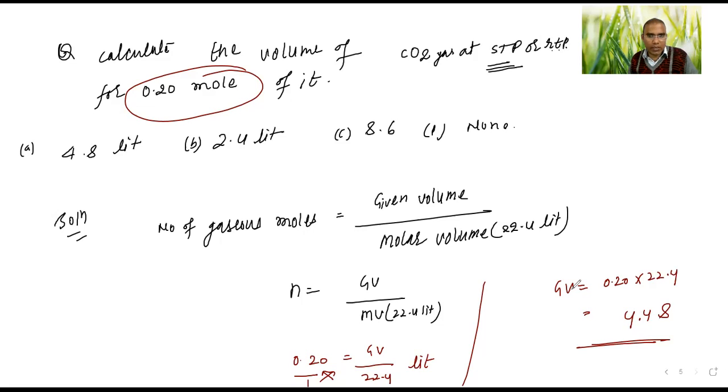It is from your Pearson book; they have given the wrong option. Actually it should be 4.48. Some mistake is there. Option A is correct, 4.48, and here it should be 2.48, 8.68, but the correct option is option number 1.